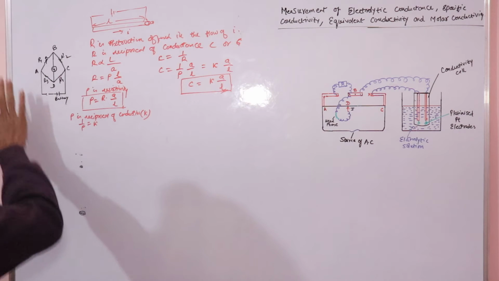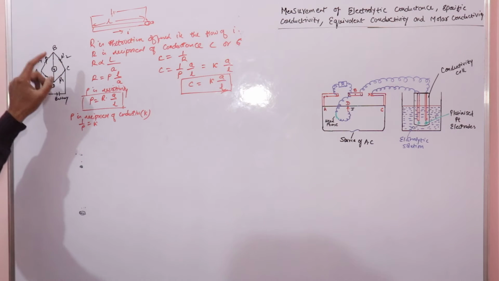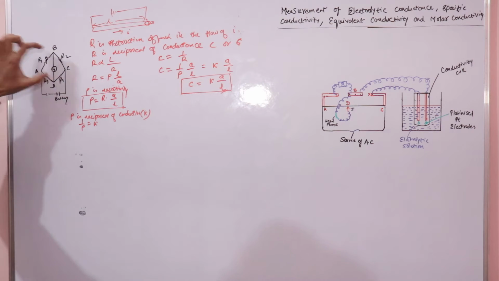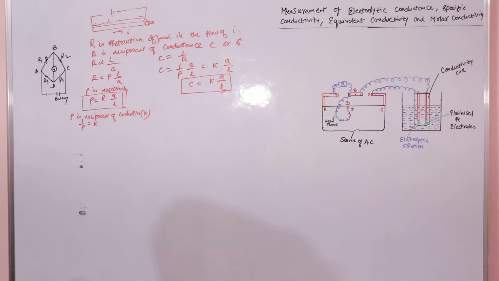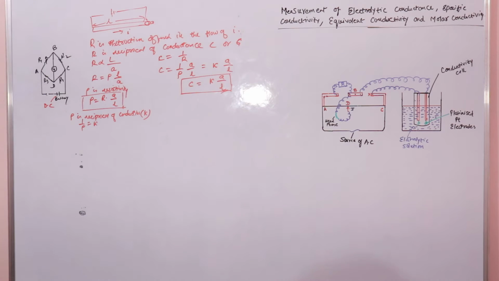Let's see what it is: four resistors are connected in the form of a parallelogram, and in one diagonal we have a galvanometer, and to the other diagonal a battery is connected. You pass direct current through this battery.